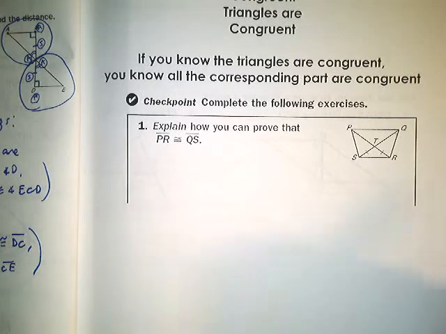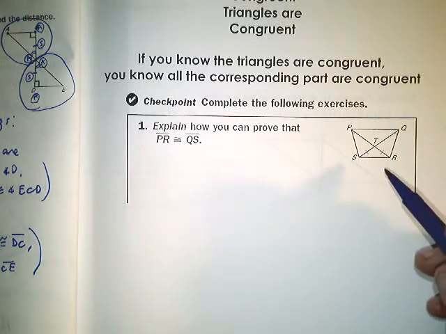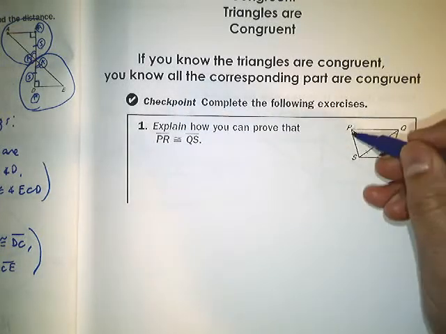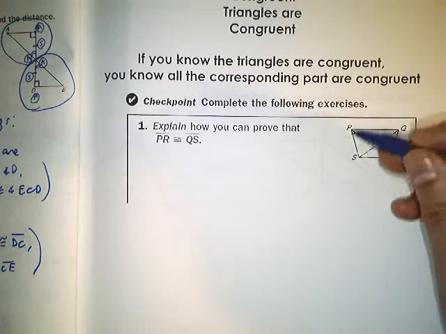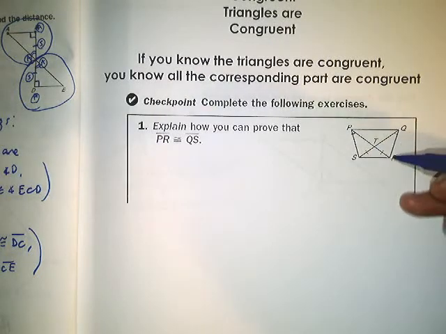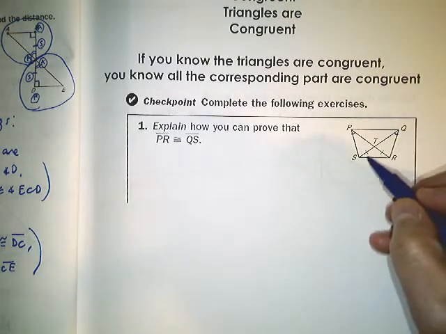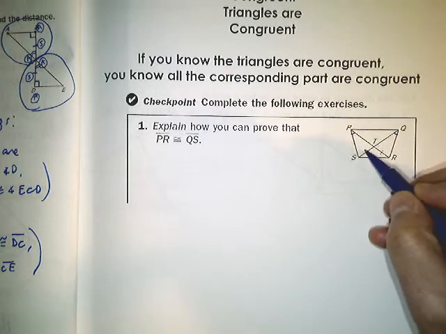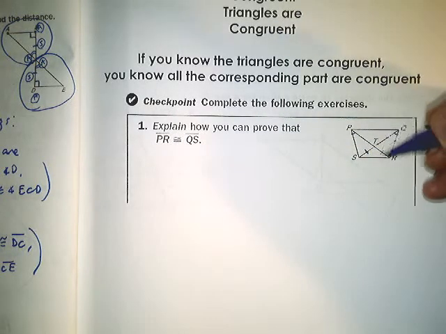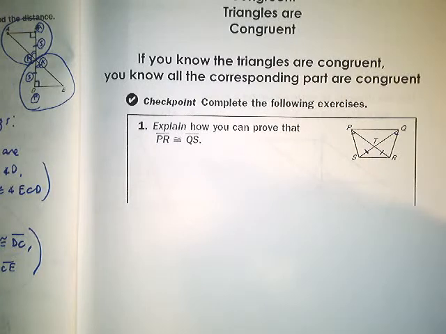Okay? So looking at this diagram, it seems like I've got angles right here, SPR, congruent with RQS, and I've got ST, that's this length here, congruent with TR, that length there.